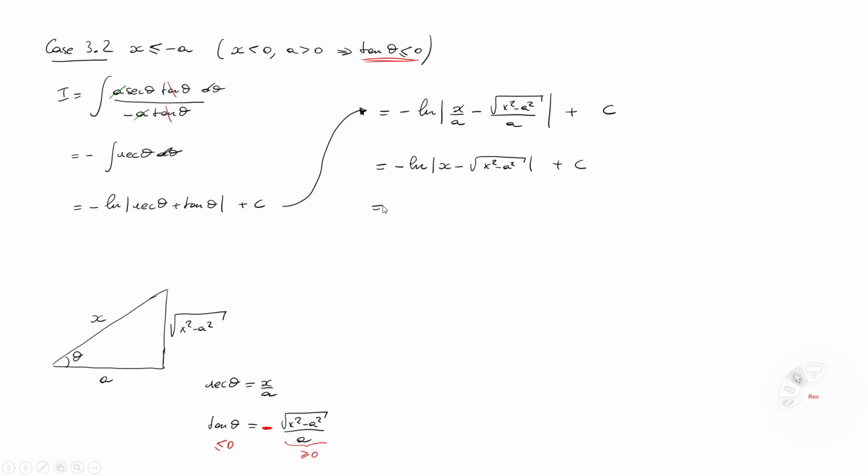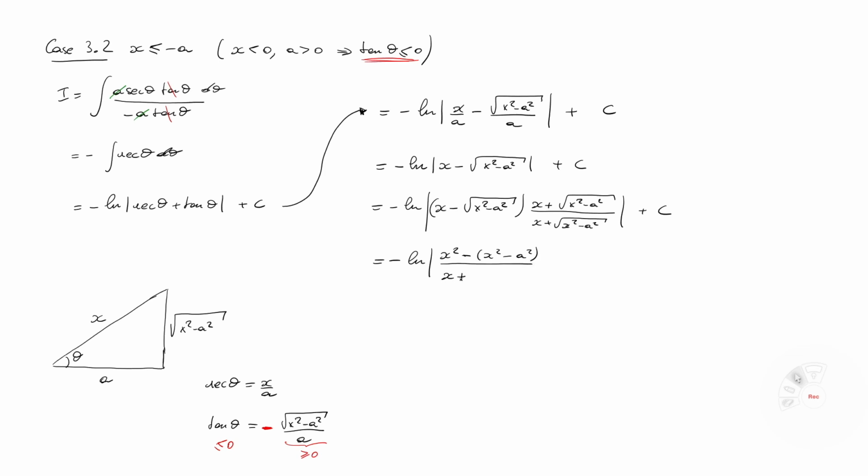And now let's do something about these signs. So what we're going to do is rewrite the interior as follows, and multiply by the conjugate, plus a constant, and then the numerator becomes x squared minus x squared minus a squared divided by x plus square root x squared minus a squared.